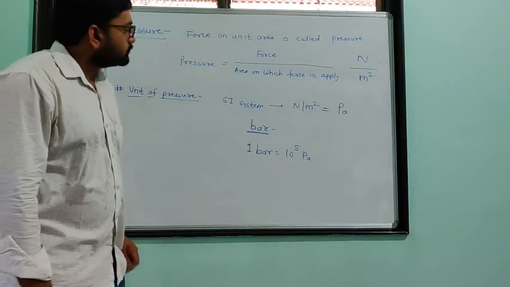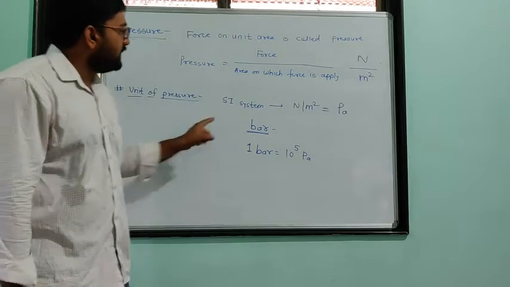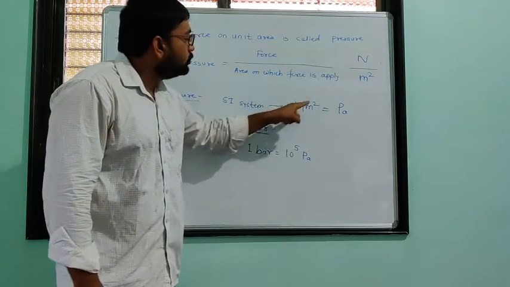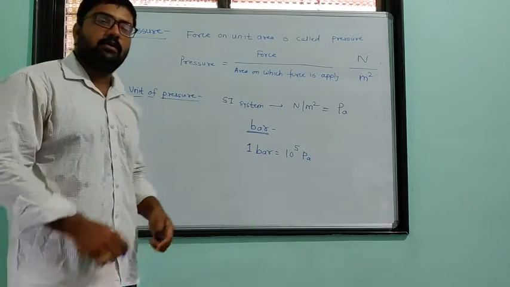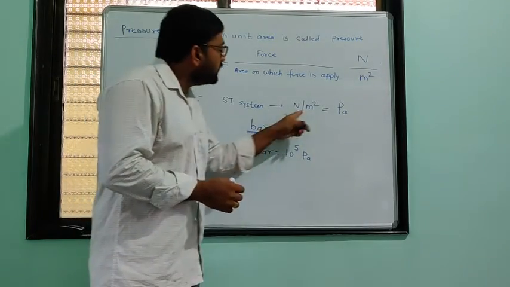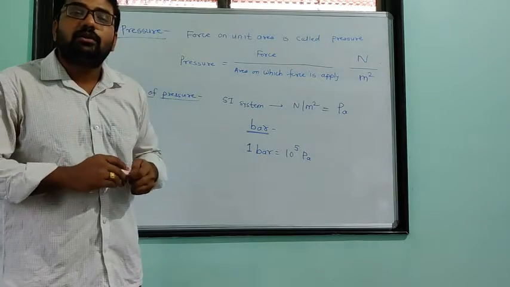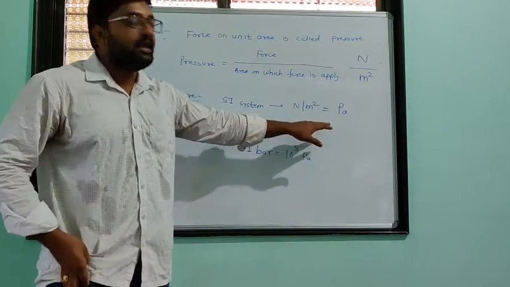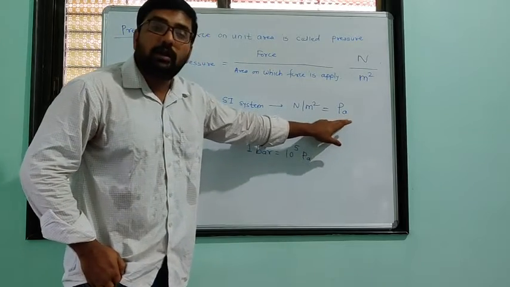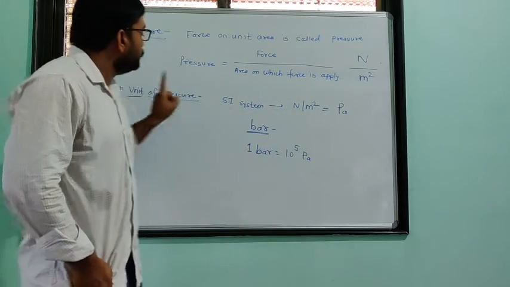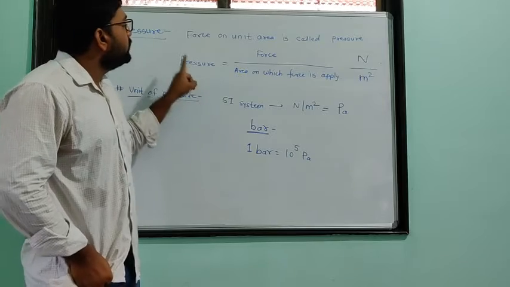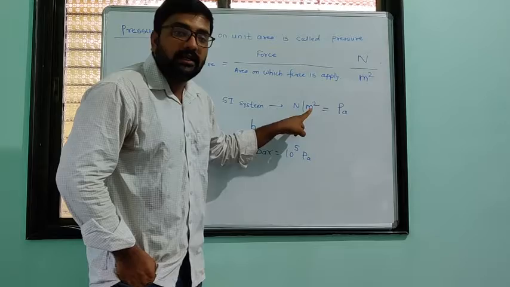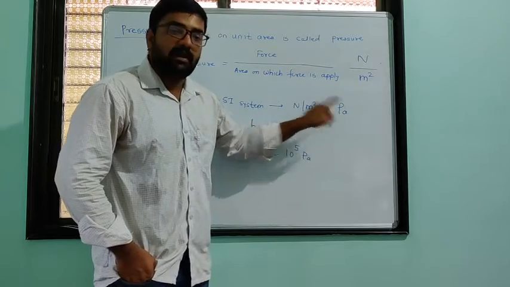So the unit of pressure is Newton per meter square, and this Newton per meter square is also called a Pascal, written as capital P small a, Pa.